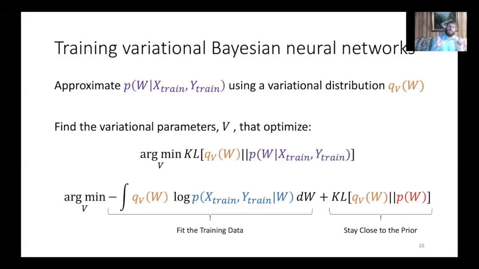These terms are a term that says that you need to fit the data given your variational distribution, and a term that says that the variational distribution needs to be similar to your prior. This is similar to what we saw for linear and logistic regression, in that you have one term that says you need to fit your data well, and then one term that is the regularizer that is trying to prevent overfitting.